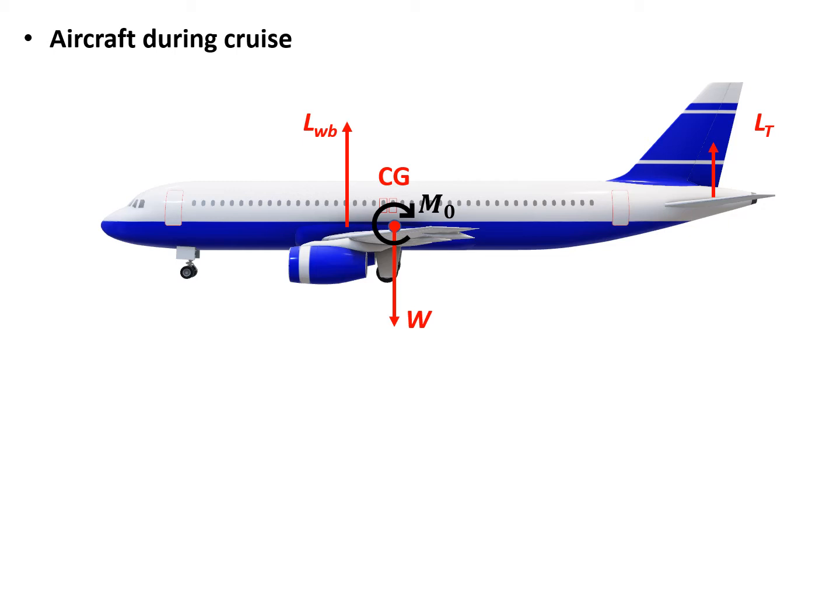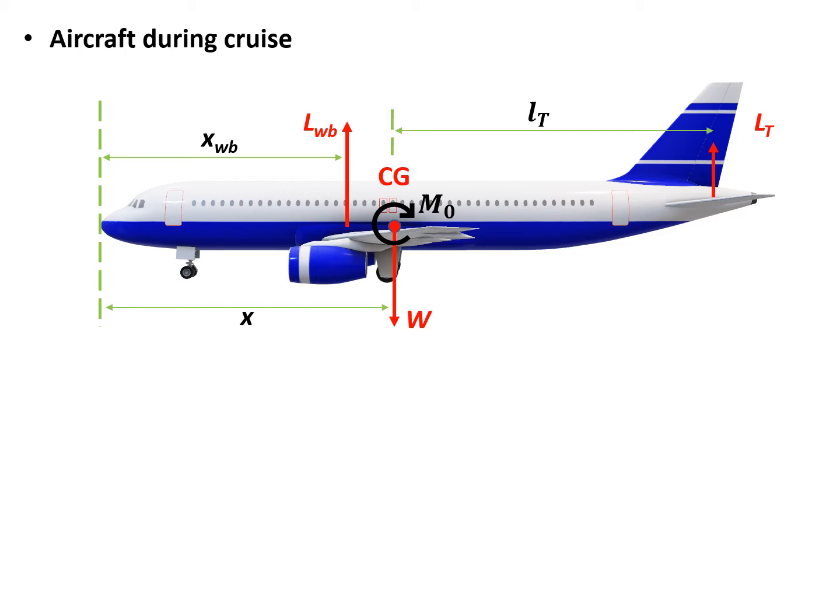Now we need to determine their moment arm. For LWB, we know its distance from the leading edge is XWB, and the CG is at X from the leading edge, and the moment arm for LT is small lt.